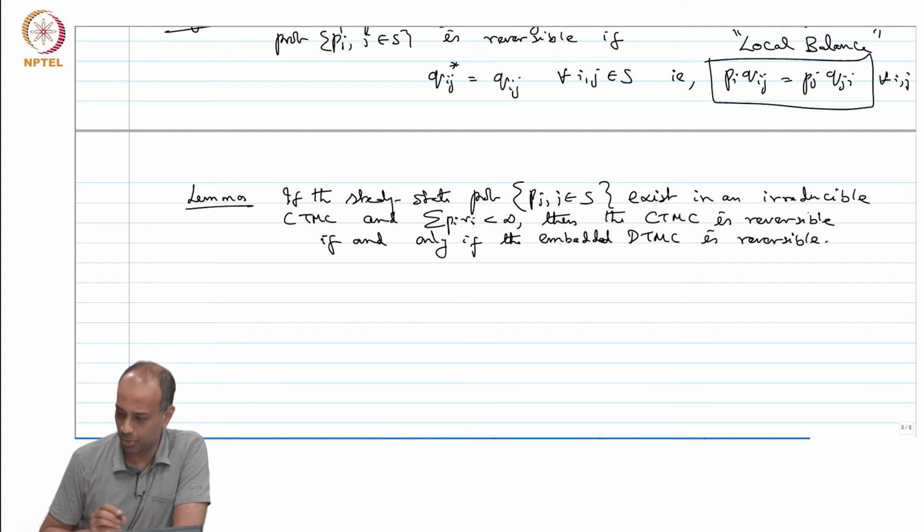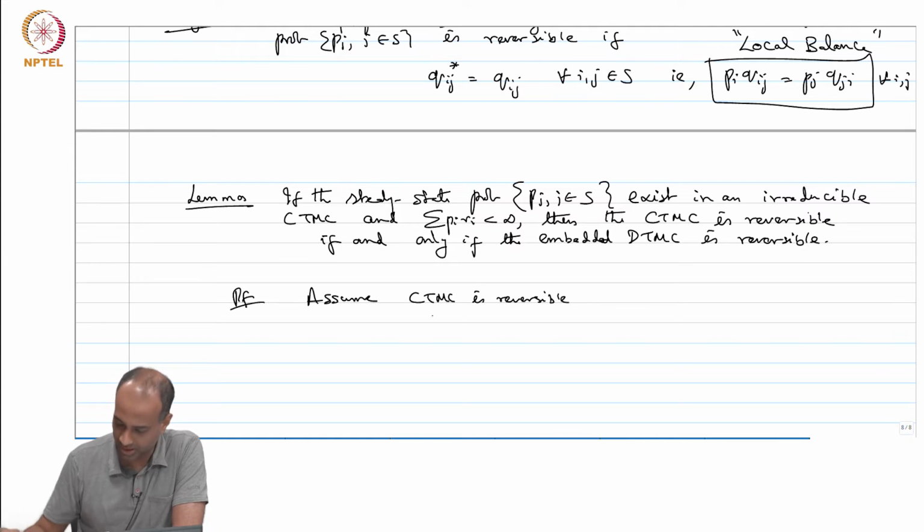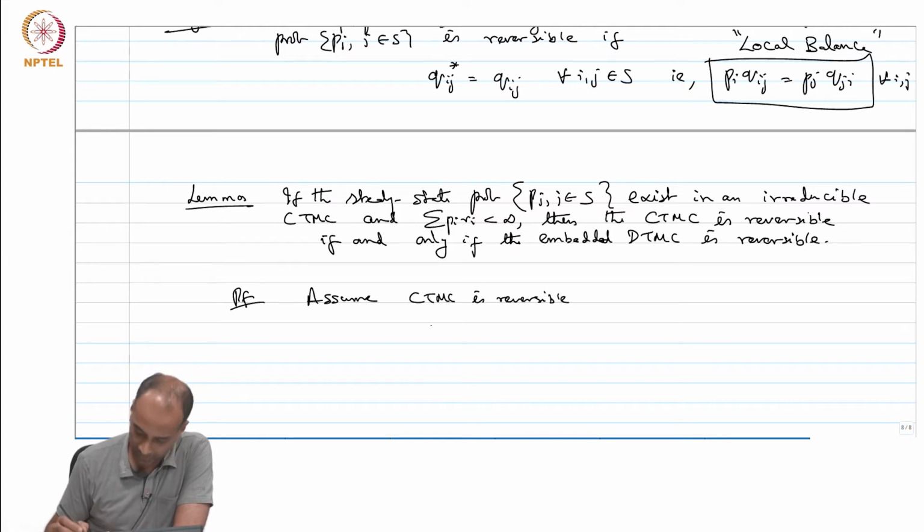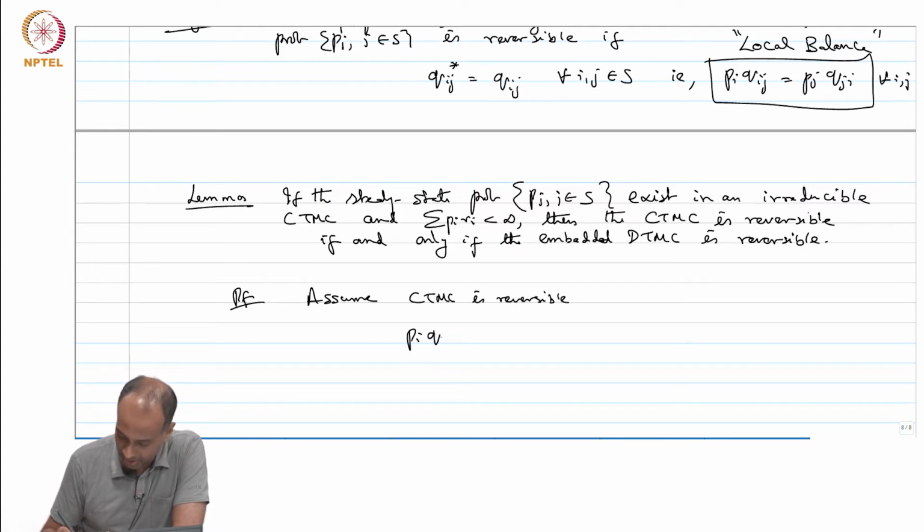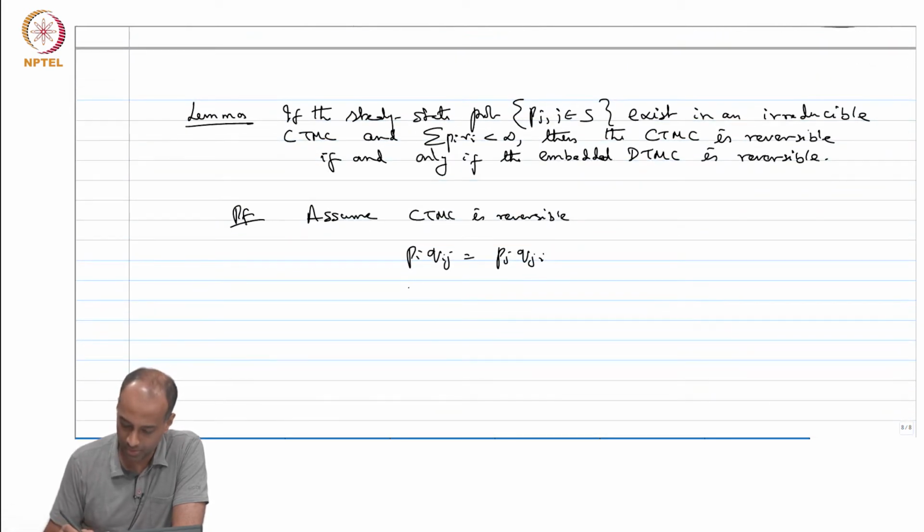So, this is very easy to prove actually. Assume the CTMC is reversible, all right, then what do you get? P I q I j is equal to P j q j I, which means that P I q j I is what?